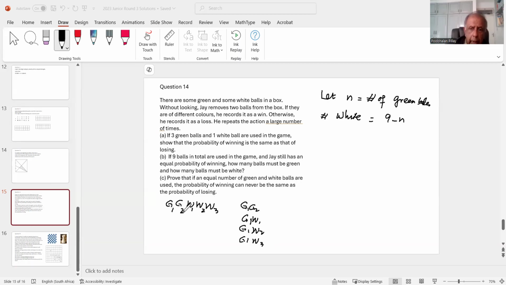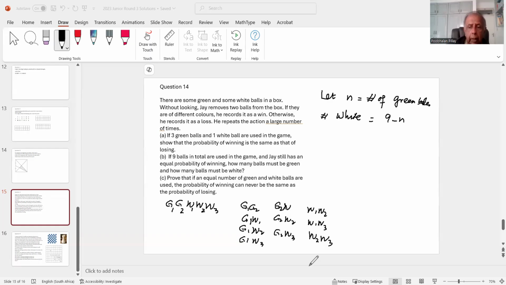Then I start with G2: G2 W1, G2 W2, G2 W3. And then I've got W1 W2, W1 W3, and W2 W3.